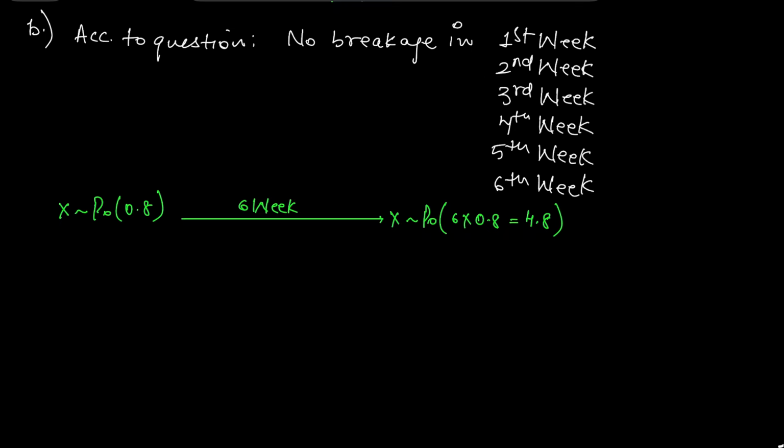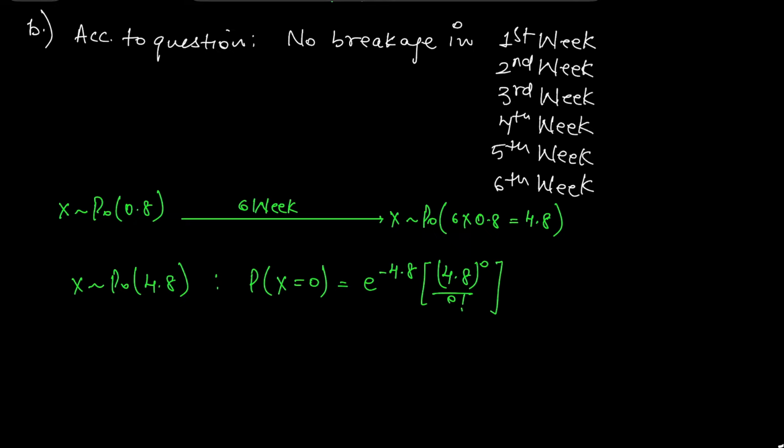Now I need to calculate the probability when X follows Poisson with mean 4.8, and they want you to calculate the probability of X equals 0. So I will write it as e raised to the power minus 4.8 times 4.8 raised to the power 0 over 0 factorial, and when I solve this, we get the answer as 0.00823. So this is the final answer for the given question.